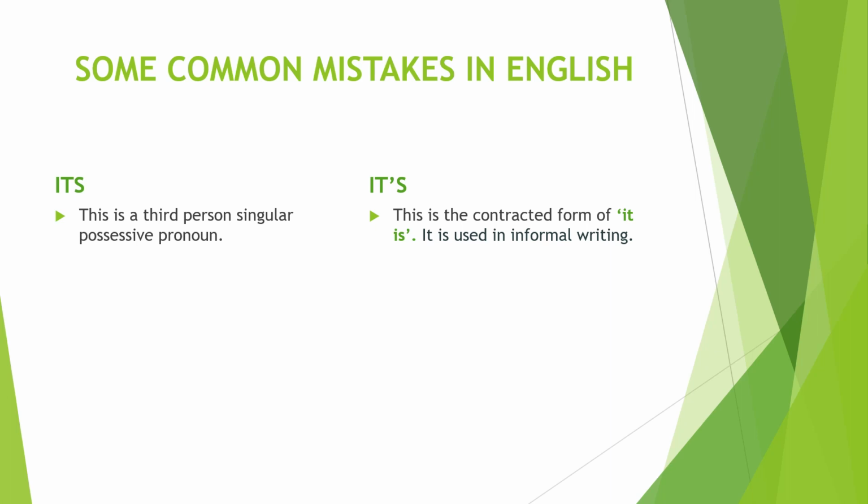We have its, which is a third person singular possessive pronoun, and I would make a video to take us through the various possessive pronouns. So this is a third person singular possessive pronoun. Then it's, at the right side, actually is a contracted form of it is.